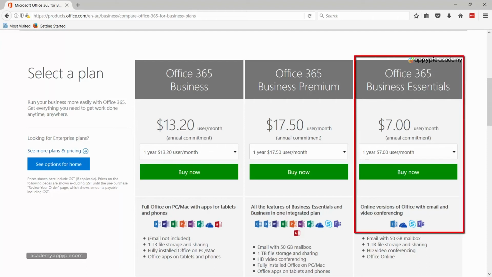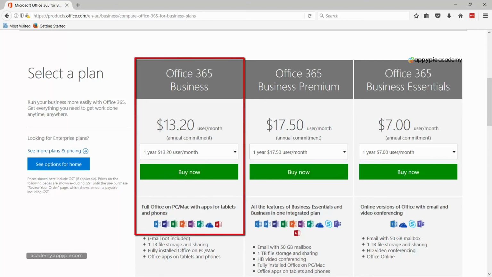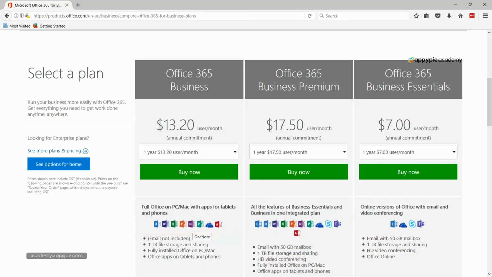Starting off over on the right, Office 365 Business Essentials, that includes email, it includes Microsoft OneDrive storage, Skype for Business, and Microsoft Teams. On the left, Office 365 Business, that package includes all of the normal Office applications, like Microsoft Word, Excel, Access, etc.